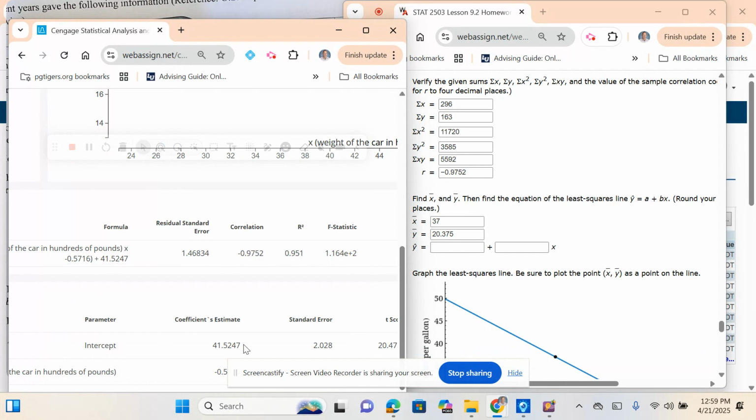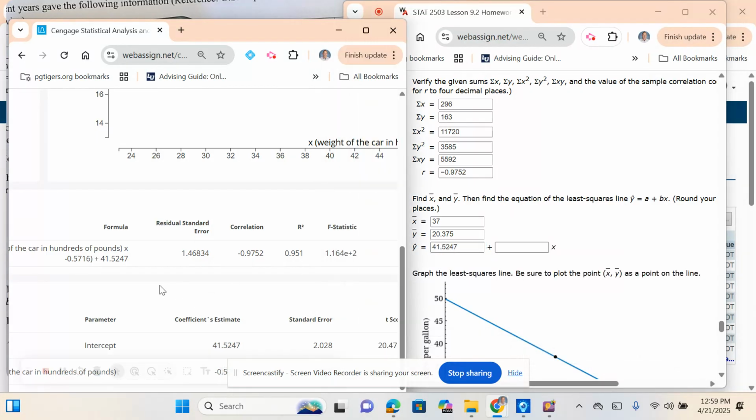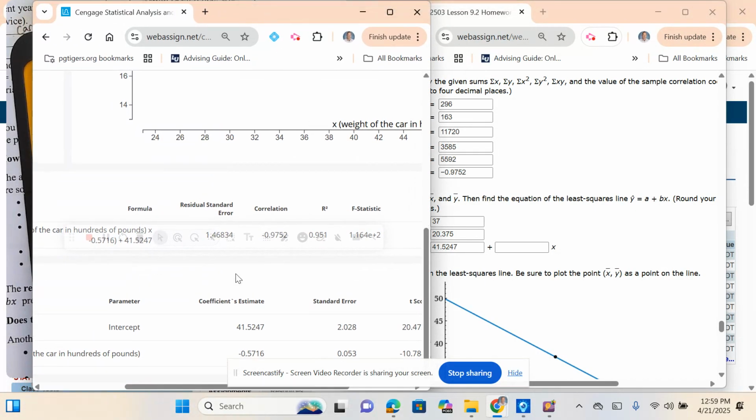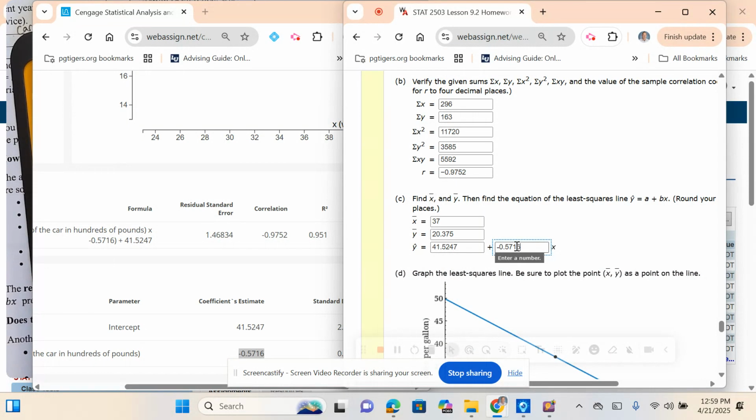Control C, Control V. And then the coefficient of X is this value down here. Control C, Control V.